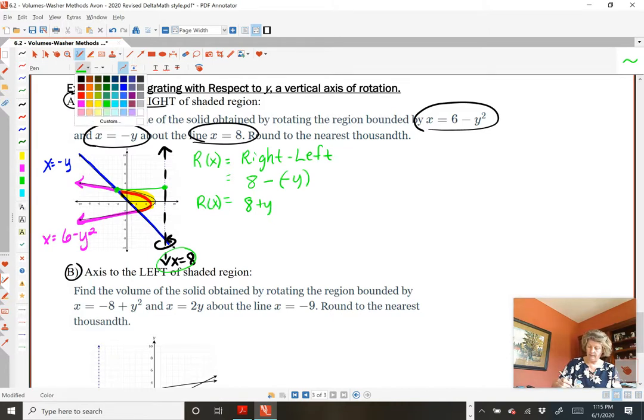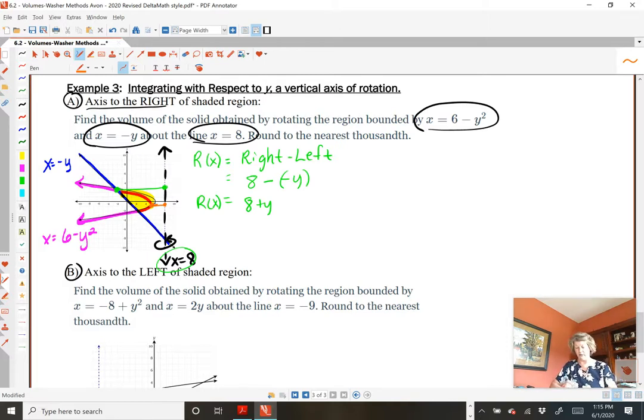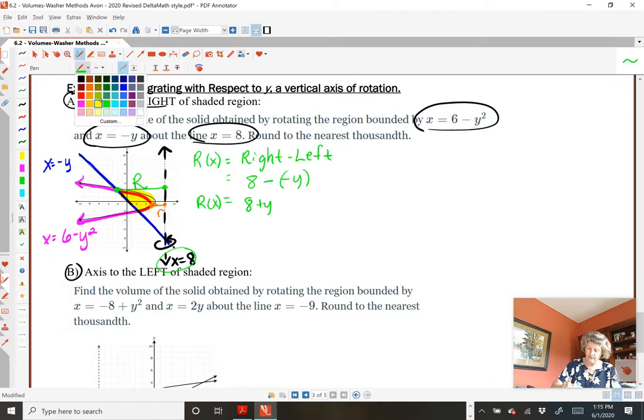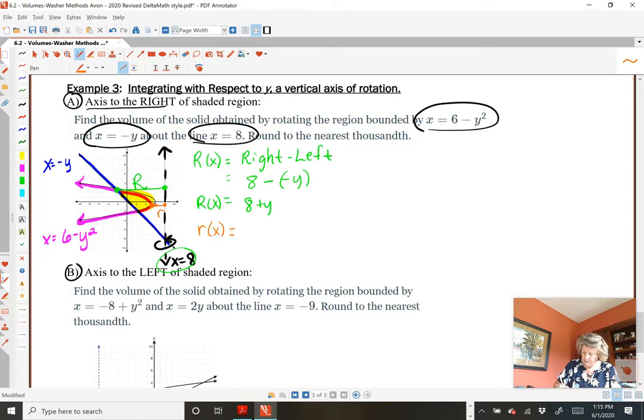The little r is axis of rotation to the innermost curve, which would be the quadratic curve in this case. So here's little r. Back to here, this was big R. So little r will be right minus left again.